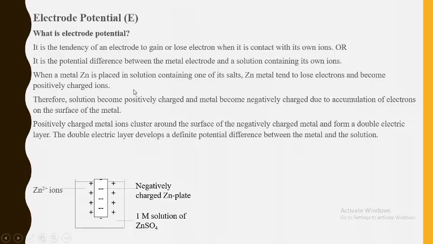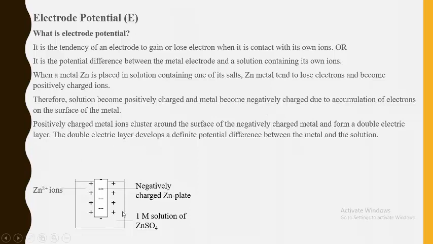Take a metal zinc, for example. This is a zinc plate, a negatively charged zinc plate. How it is negatively charged, we will discuss here. When a zinc metal plate is placed in a solution containing one of its salts, that is zinc sulfate, then the metal becomes negatively charged due to accumulation of electrons on the surface of the metal.